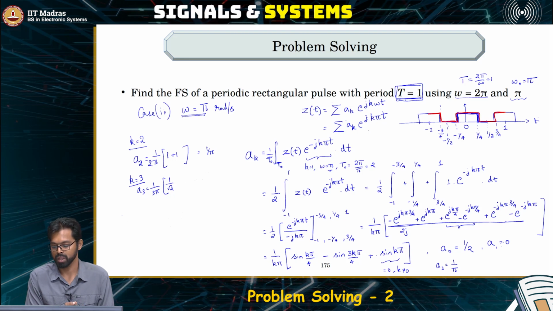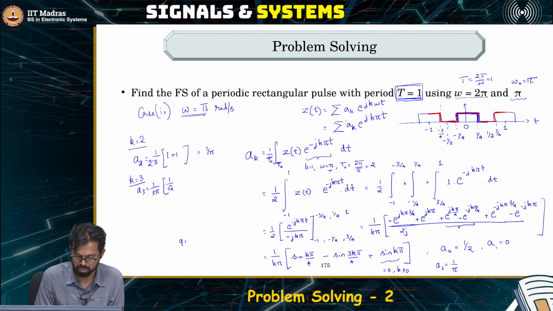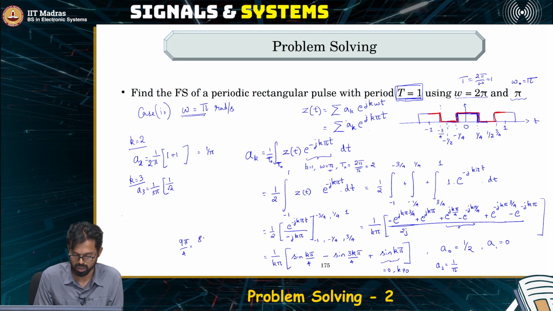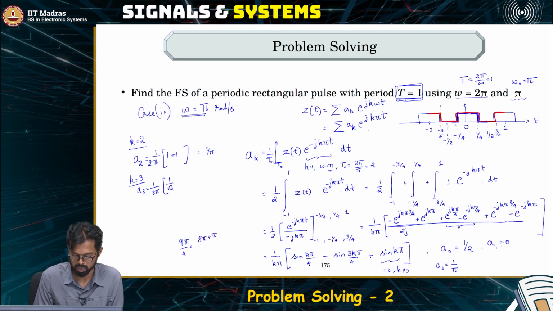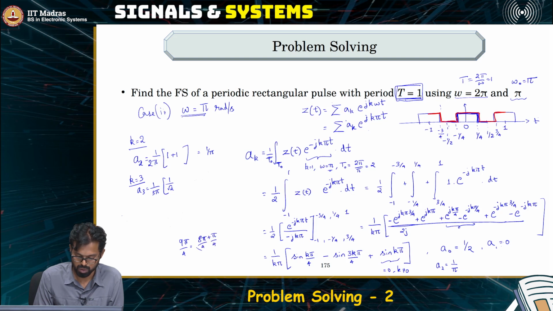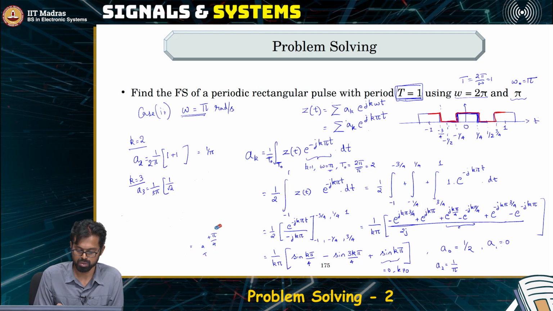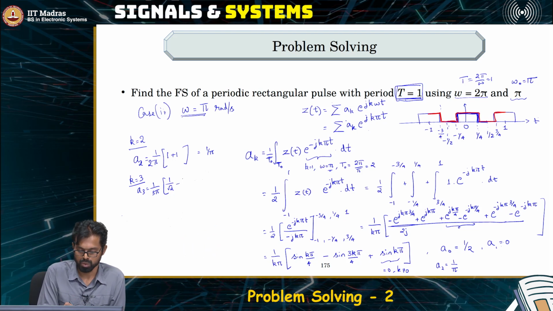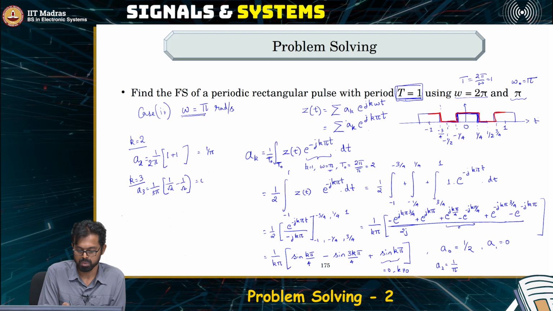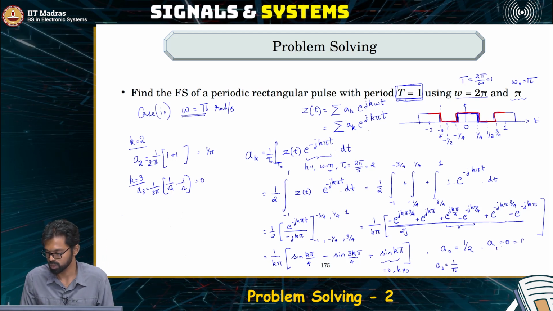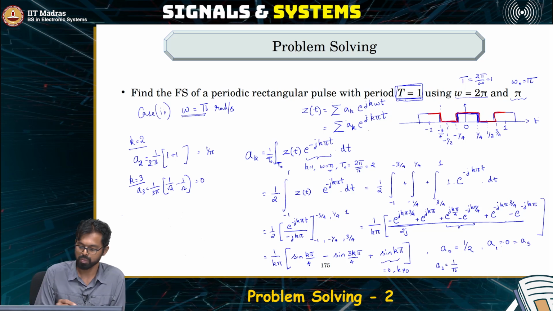So sine 9 pi by 4 is what? You can say this as 8 pi plus pi by 4. So this is 2 pi. This is once again sine pi by 4. So this term is also equal to 0. So A1 is equal to 0. A3 is also equal to 0.